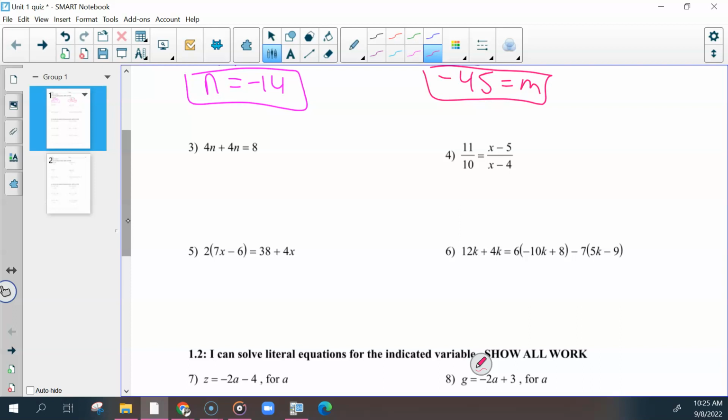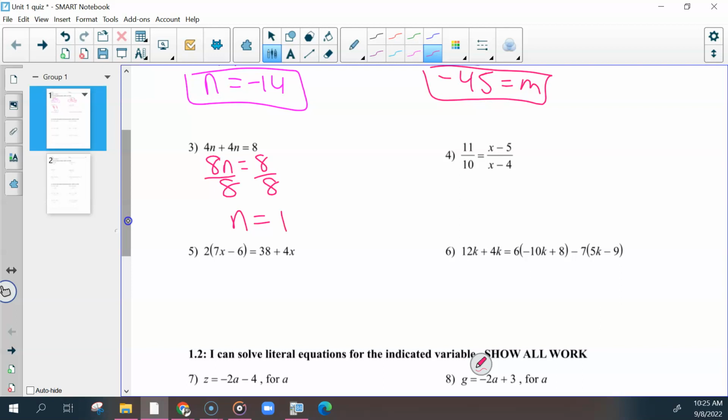Number 3, you had like terms, so you should have combined those two to get 8n. And then make sure you're showing all of your steps, even if you just showed it on one side. I don't assume anything with your quizzes and tests. I don't assume you did the next step, because then I could assume your whole test or whole quiz. So make sure you're showing me all of your work so that we can follow your thinking process.